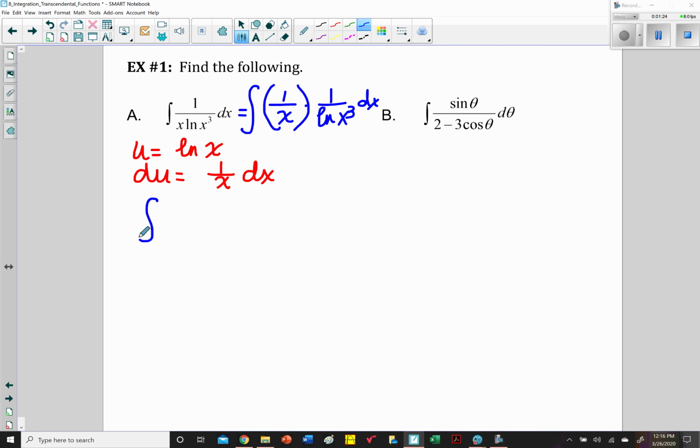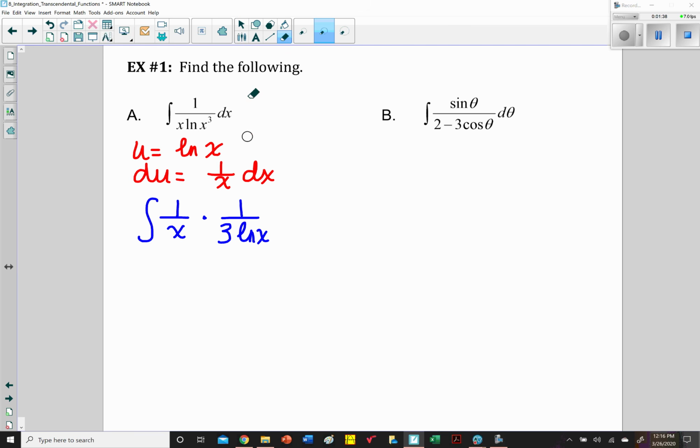So we're going to rewrite that as 1 over x times 1 over 3 natural log of x. I'm just using the properties of natural log. With respect to x. And then my 1 over x dx is going to be the du.